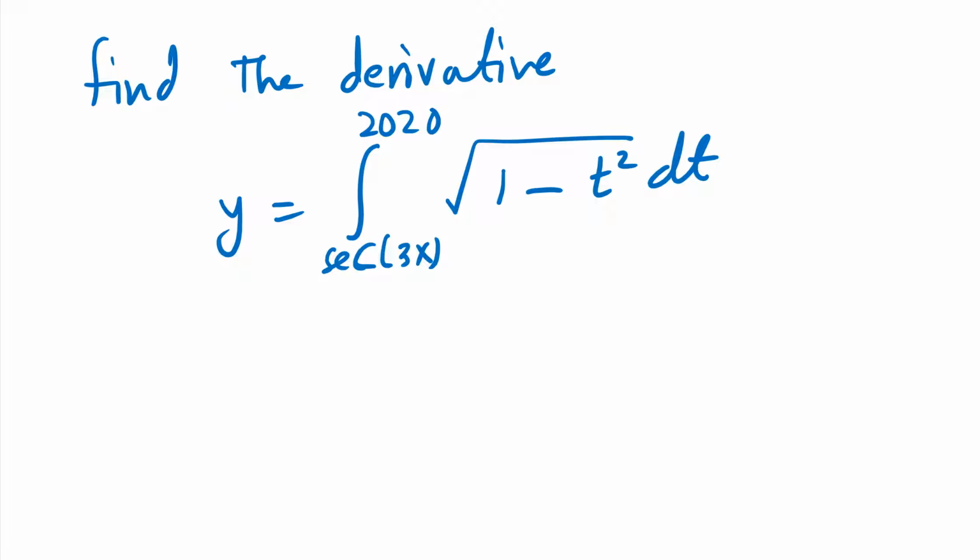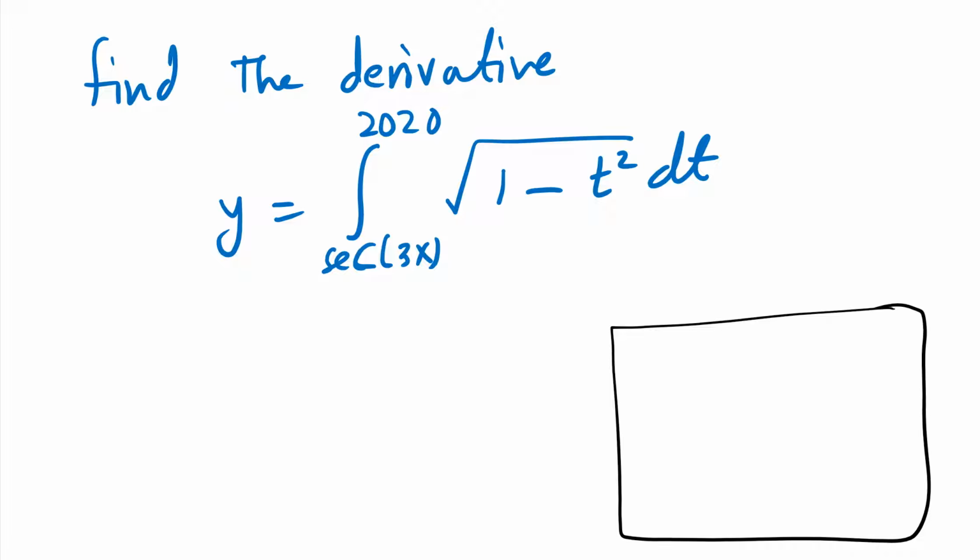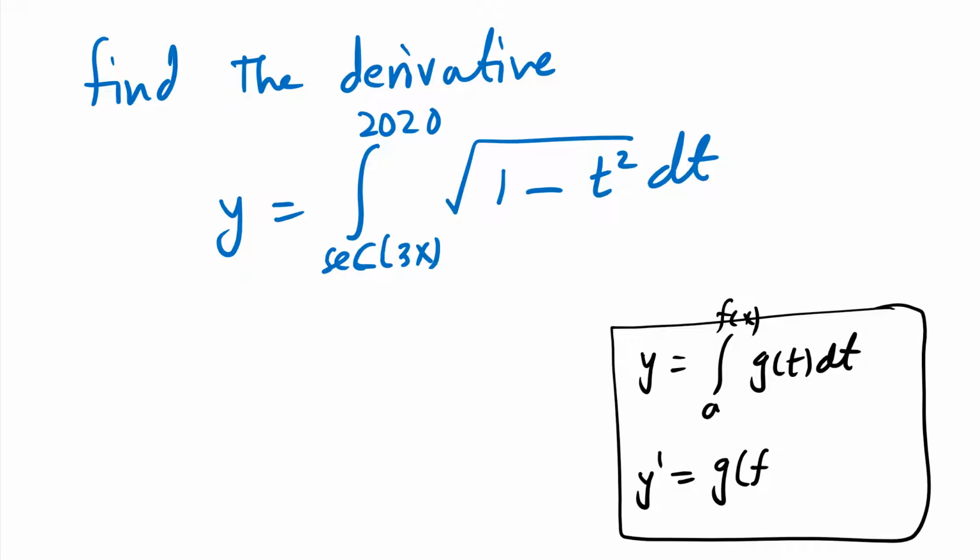This is the one we call the second fundamental theorem of calculus. Very important. So to recall it on the side here, it says y equals the integral from a to a function f of x of g of t dt. Y prime is g of f of x times f prime of x, as long as a is constant.